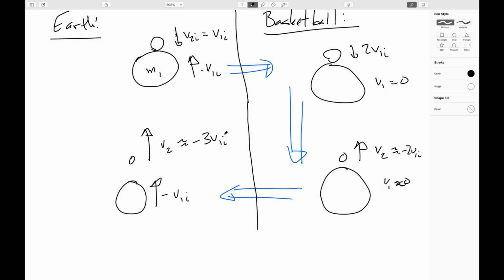But if we just use 3 for nice round numbers here, the kinetic energy of the super ball is now not 3 times, but since it's 1/2 mv squared, it's 9 times what it was just before it hit the surface of the Earth. So that means it's going to fly up 9 times higher than what it dropped from.